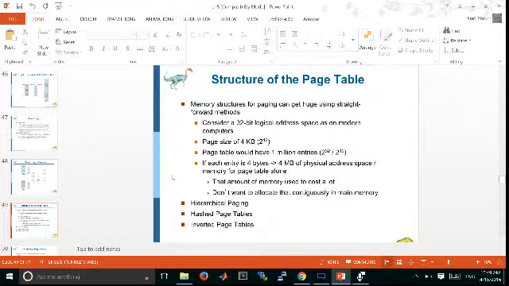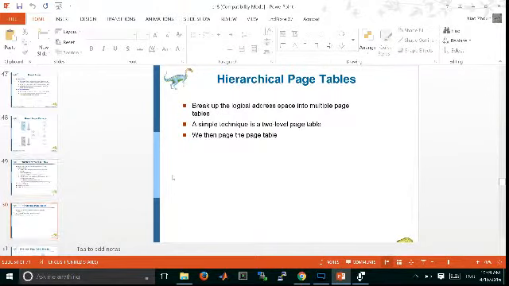So the first difference, and the one that is most common to find, is hierarchical page tables. The idea is you want to have page tables that are sparse, not dense. Dense means from the base to the length, every page number has to have an entry.